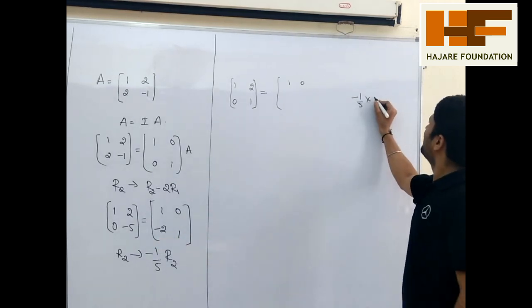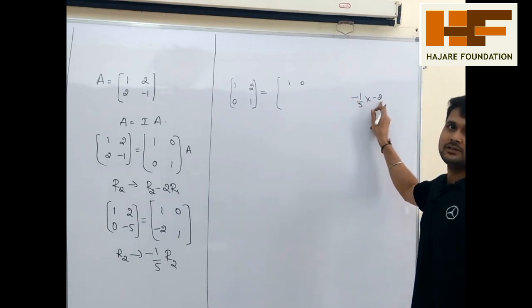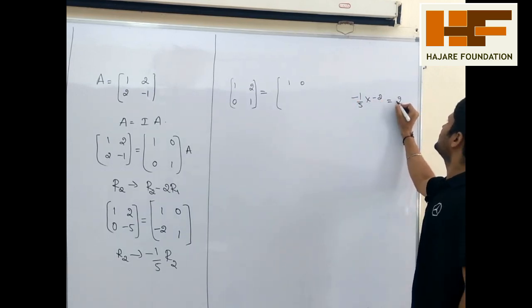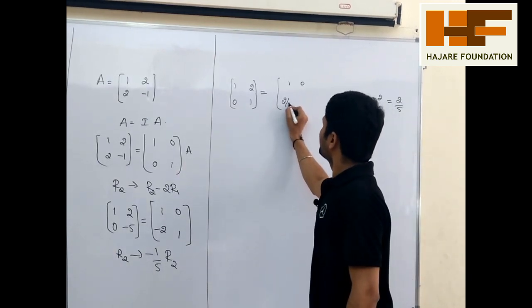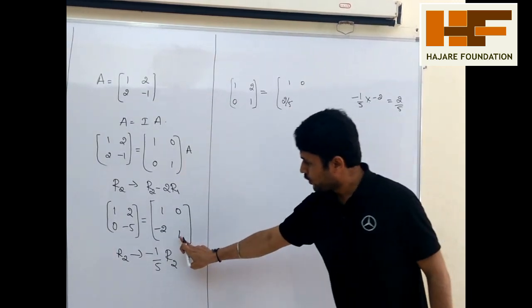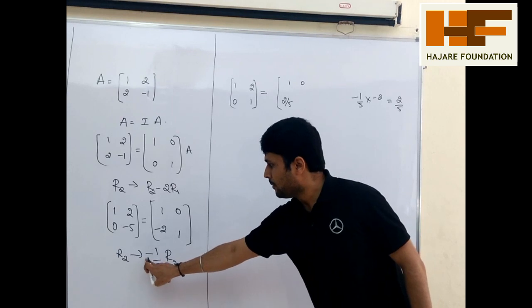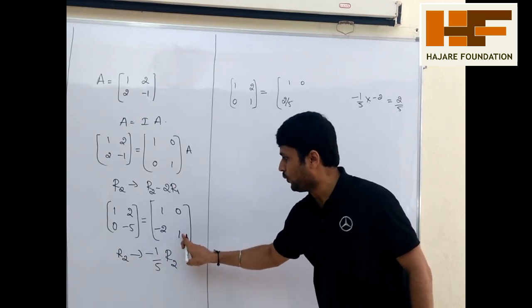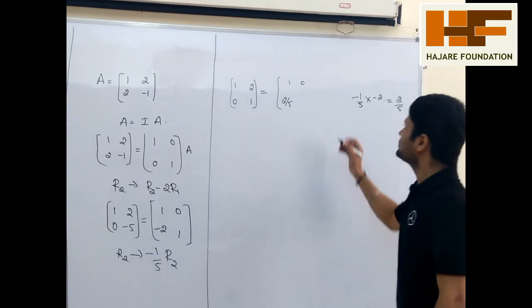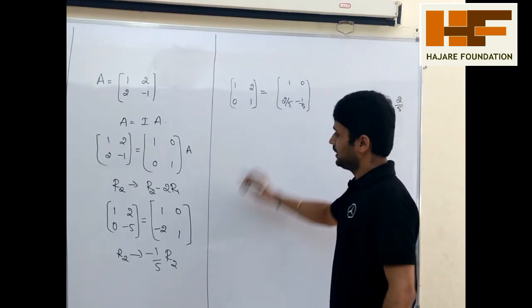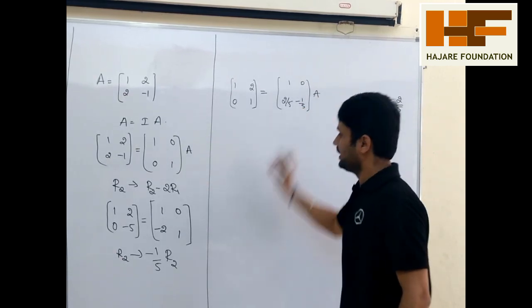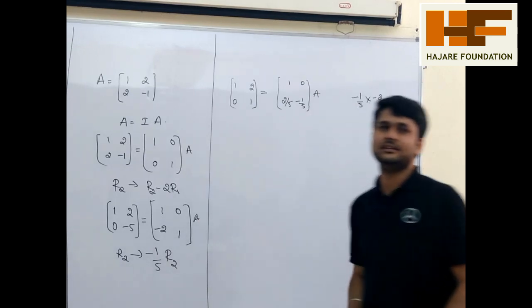Minus 2. Minus into minus becomes a plus, which is equal to 2 by 5. Right here, 2 by 5. Next, 1 into minus 1 by 5 into R2. 1 into minus 1 by 5 is minus 1 by 5. Right, A as it is. A here also, A as it is.